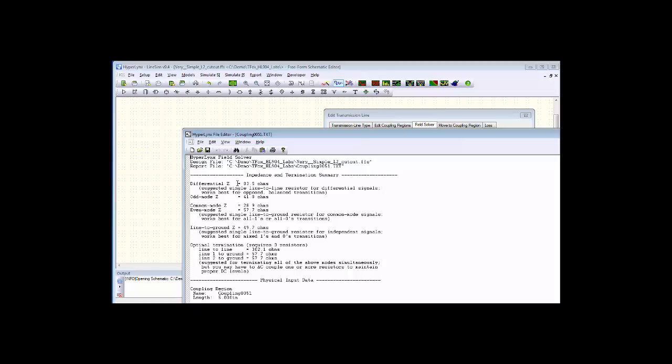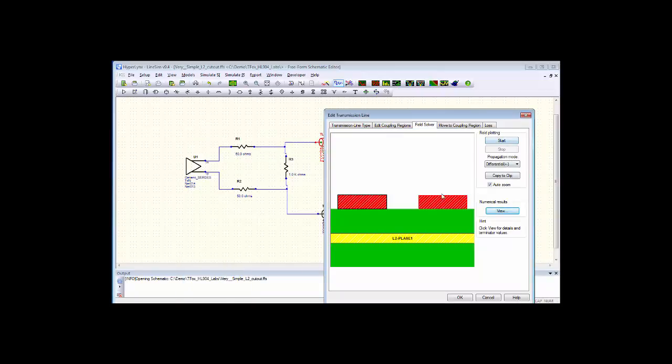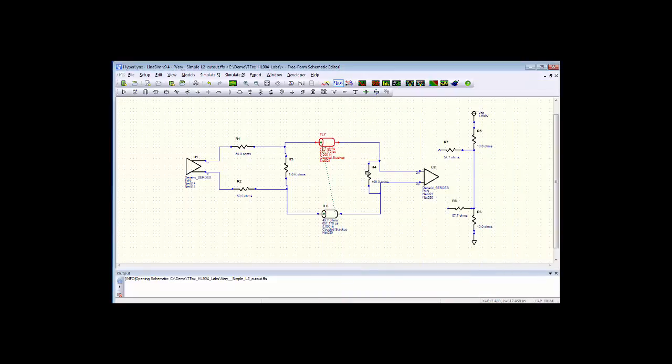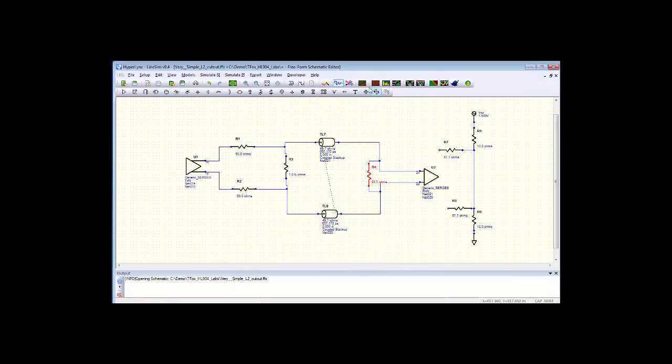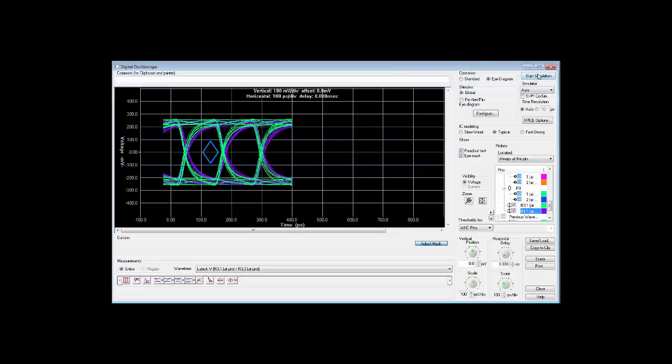Okay, if we take common mode, differential Z, if I had one resistor here, 83.5 seems to be the best one for this particular case. So let's go back and make this 83.5. Now let's run the simulation again and see what we get.